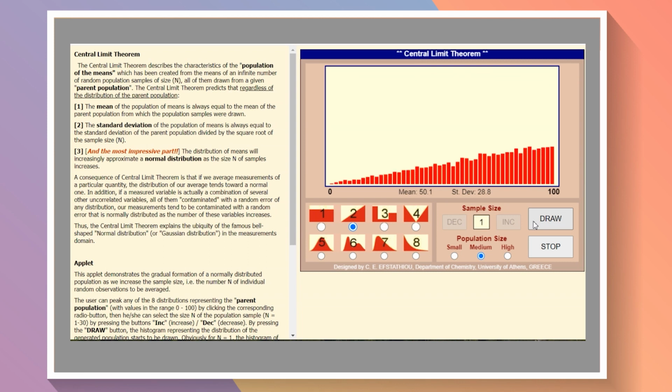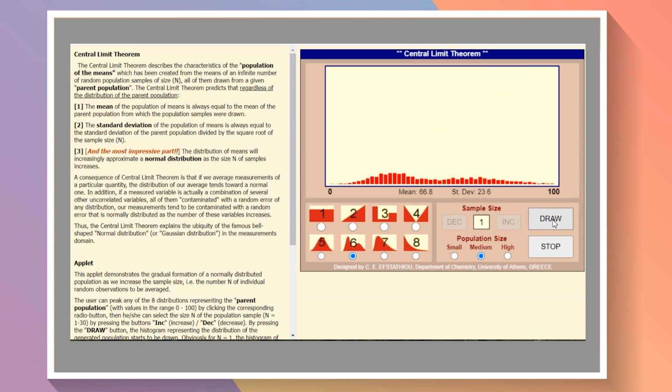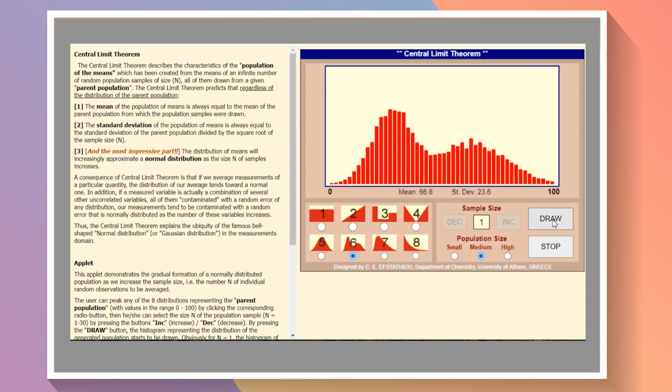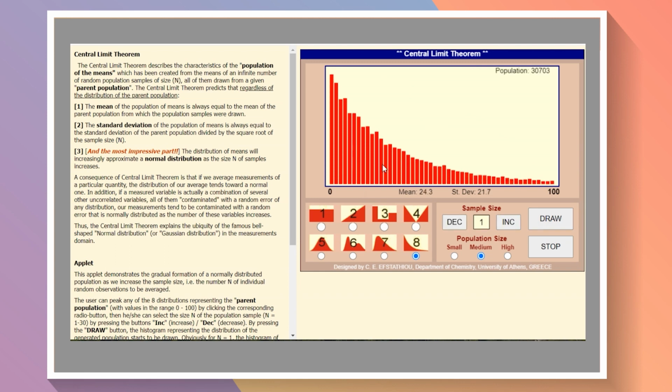If we do number 2 with a sample size of 1, the histogram shape is the same as that of the parent population. Say number 6, if we draw, it has the same population distribution. With 8, if we draw here, you see it mimics the same shape as the parent population.